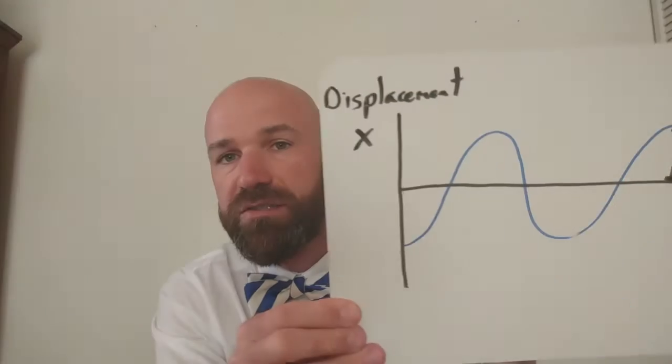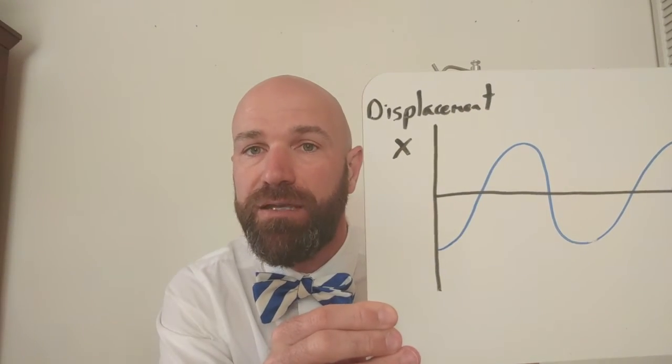Now, when I bring this thing down, that has a negative displacement, because we're going to say that down is a negative direction. When I let this go is when time starts, and you can see on here, it starts in the negative displacement.